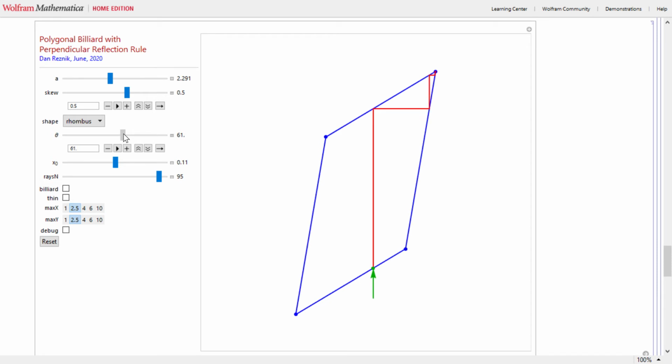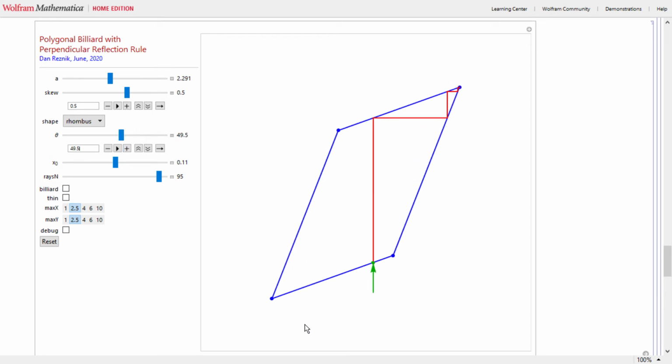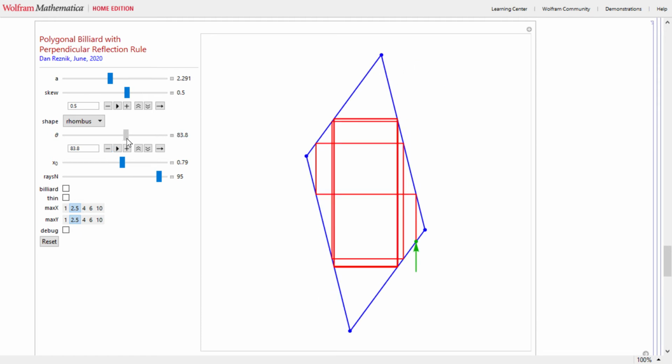Okay, so in this configuration, I have this sort of collapse of the trajectory towards a vertex. If I move over all positions of this entry ray here, I'm getting the same behavior. Now if I turn theta a little more, let's turn theta like so.